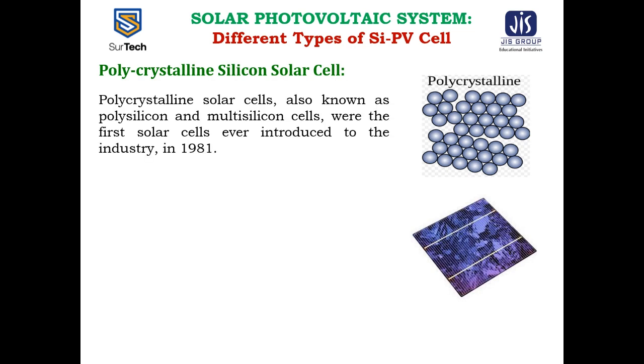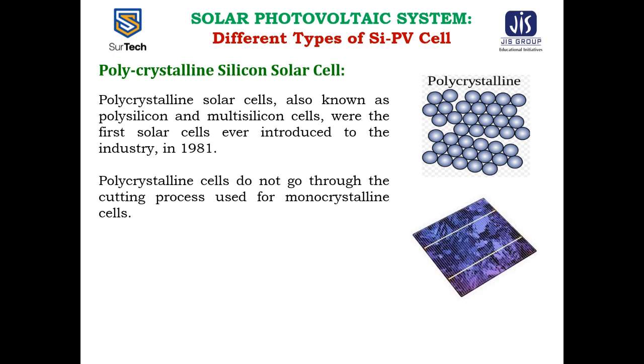The polycrystalline based silicon solar cells, also known as polysilicon and multisilicon cells, were the first solar cells ever introduced in the industry in 1981. Monocrystalline was established in 1950, and then the polycrystalline silicon solar cell was introduced in the industry in 1981.